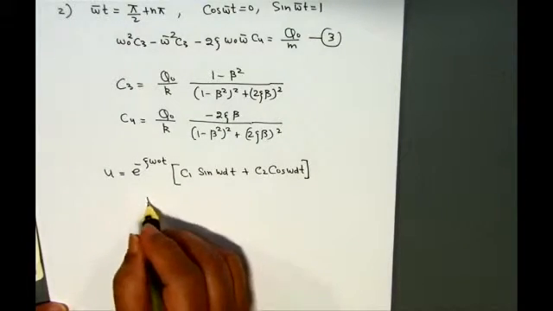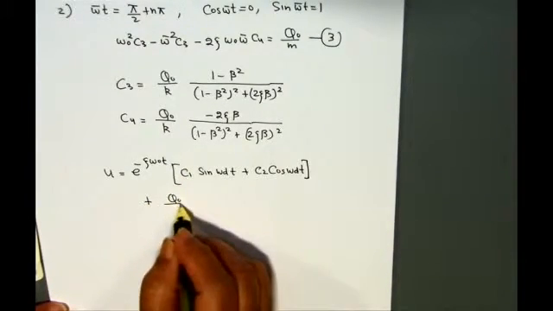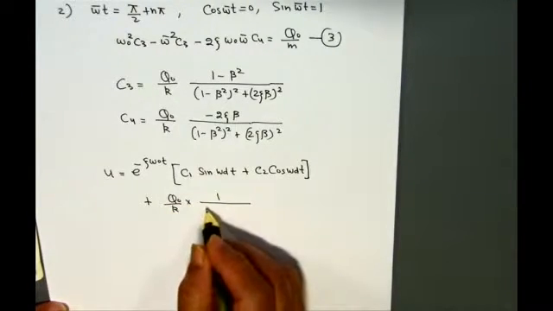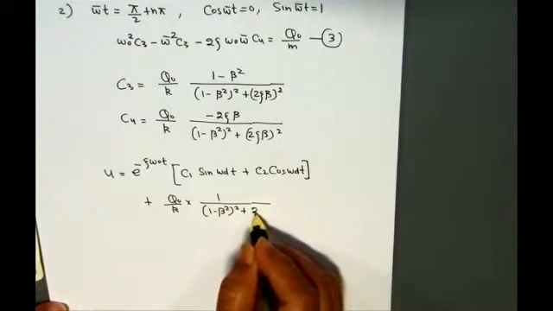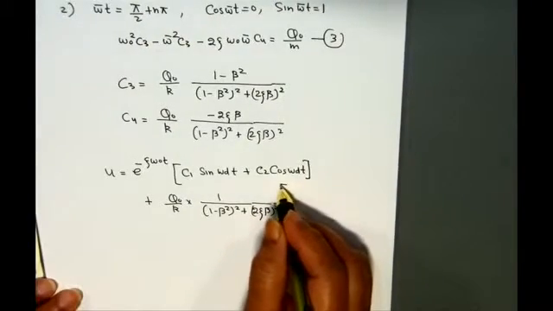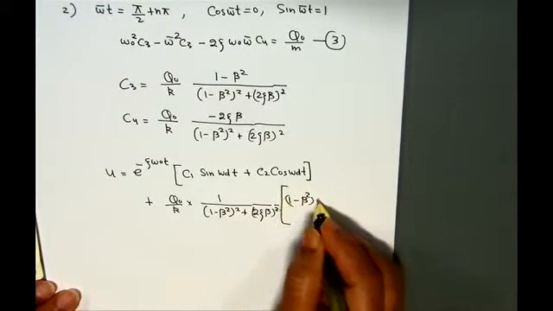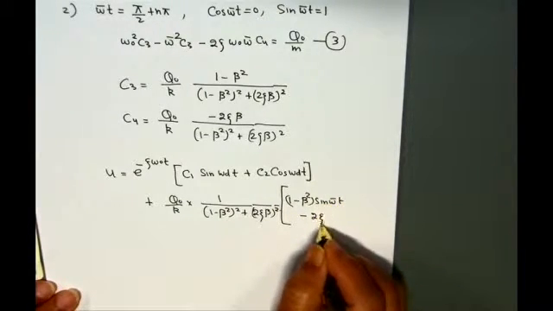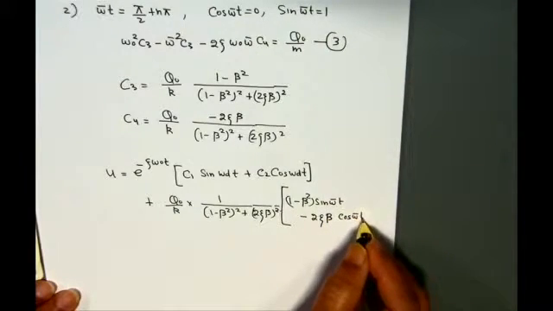And then you have a particular part, and that will be Q0 over k, which is common, and another common term is 1 minus beta square whole square plus 2 zeta beta square, and inside this bracket is 1 minus beta square sine omega bar t minus 2 zeta beta cosine omega bar t.